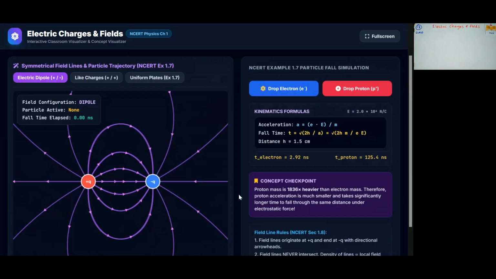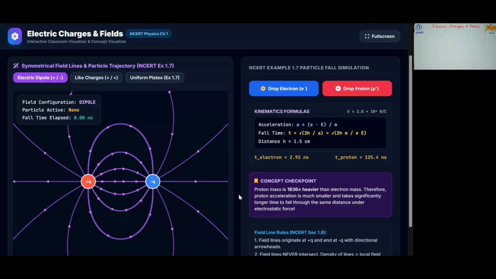So here, let us visualize the invisible electrical environment using electric field lines, first introduced by Michael Faraday. Observe the dipole on the screen, plus Q and minus Q. Exactly 12 field lines originate from the positive charge and terminate symmetrically on the negative charge. The bright arrowheads denote the direction of the electric field line.